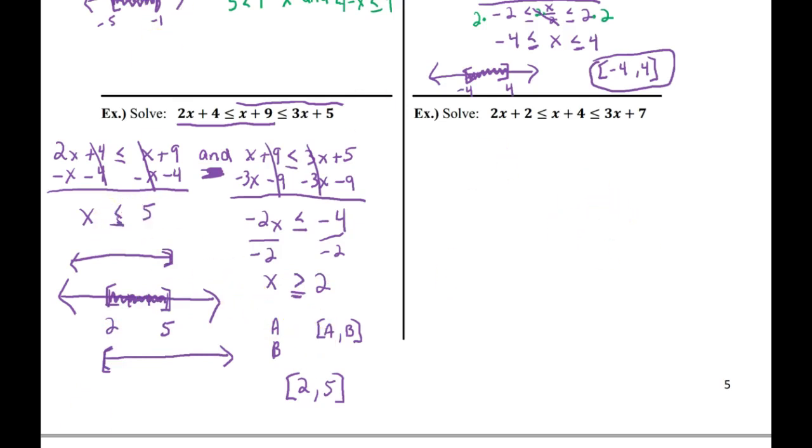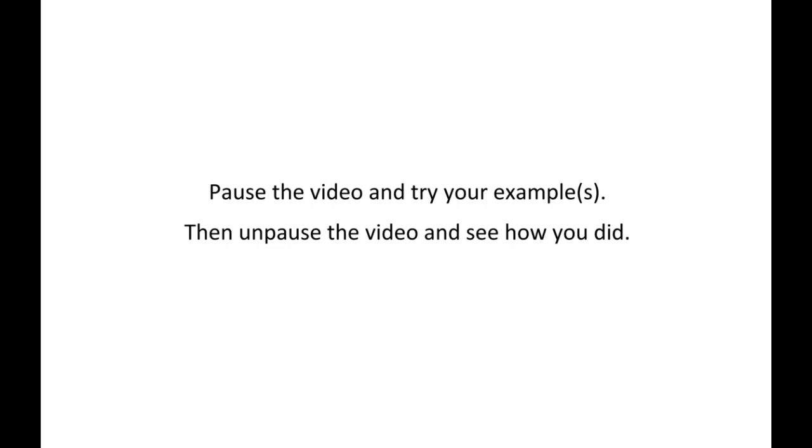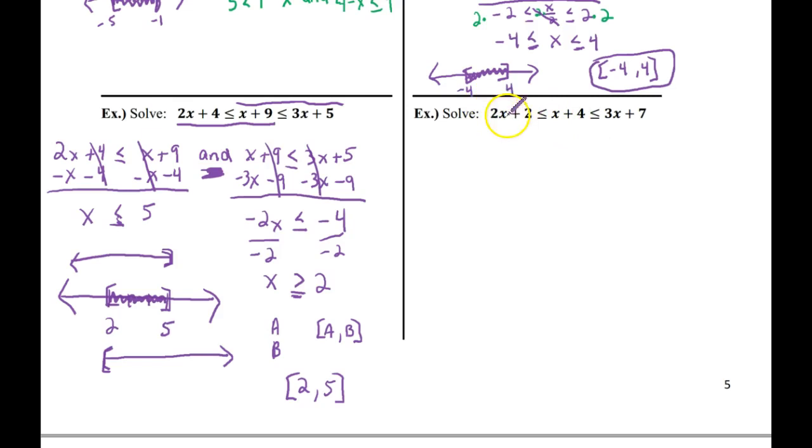Alright, try the one on the right. Alright, I see x is here, and there. I can't just start solving it all together. I have to break it up into a conjunctive statement using and.